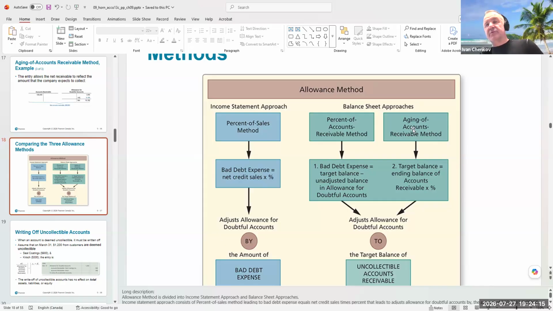With the second and third approach, they give you the ending balance for the allowance for doubtful accounts that requires adjustments to come up with the amount of the bad debt expense.